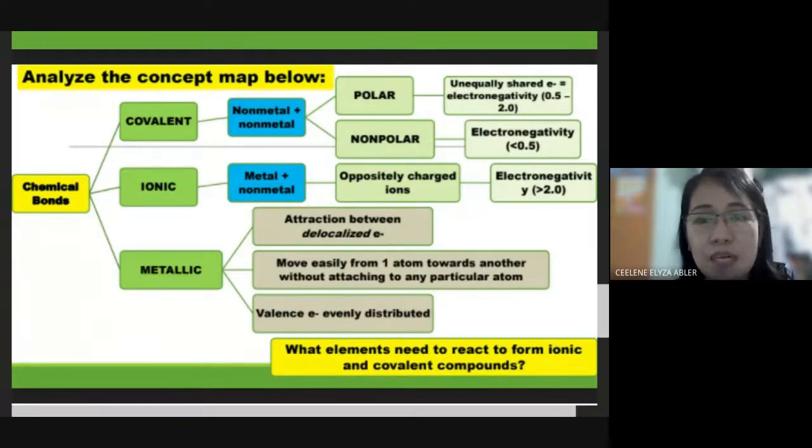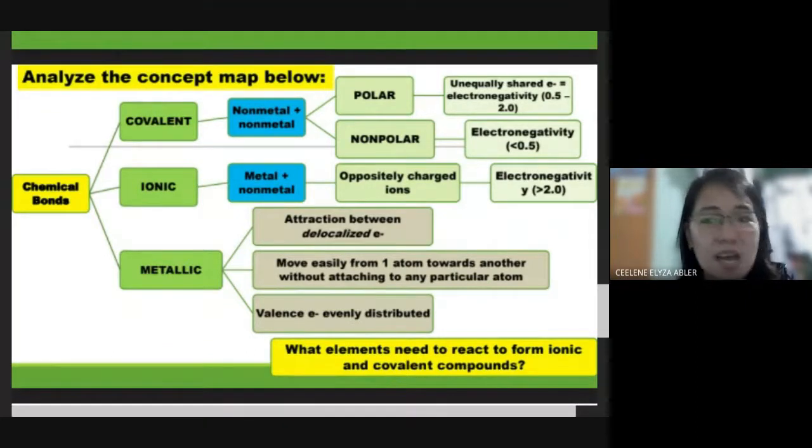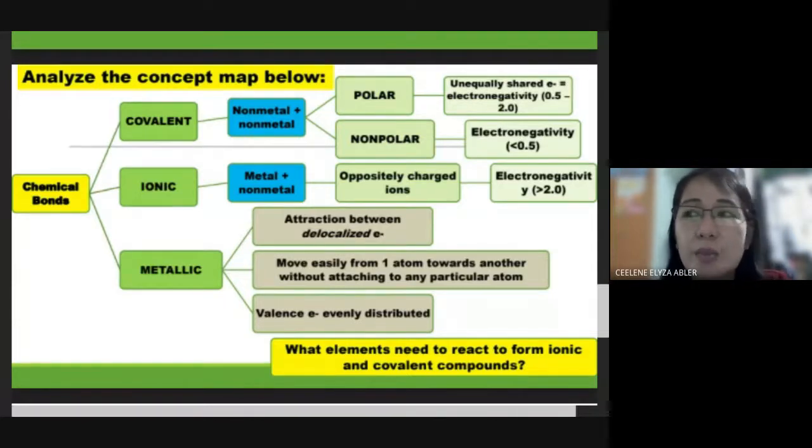Kapag non-polar naman class, it's like equal kayong dalawa ng level. So like maot ang isa, maot ang isa, gwapo ang isa, gwapo ang isa. That's non-polar. Yun ang non-polar covalent na bonding. Okay, so the most common sa biology is actually polar covalent bonds.